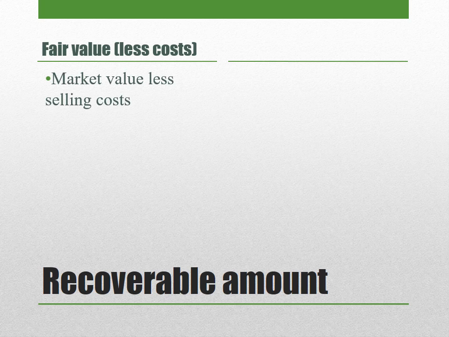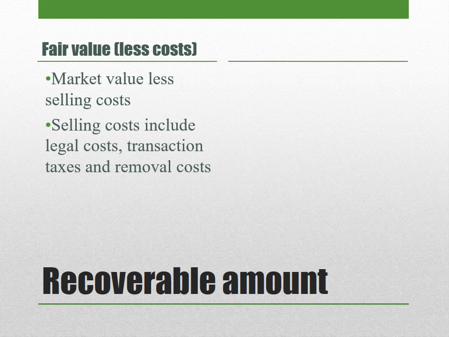Now, this is generally the market value less any selling costs that we would expect to incur in selling that asset. And the selling costs would include things such as legal costs, any transaction taxes, removal costs, things of this nature. It's costs that we would have to incur in selling that asset.